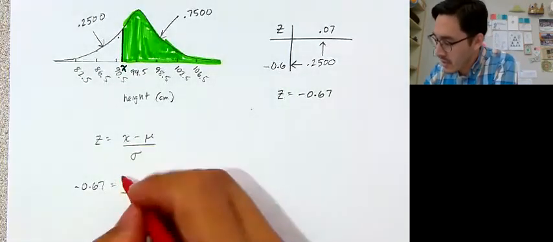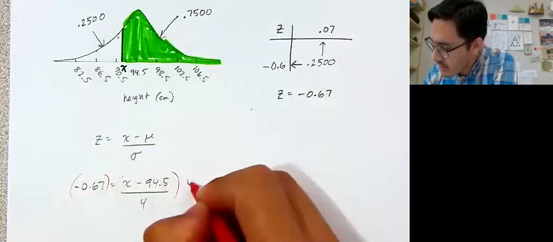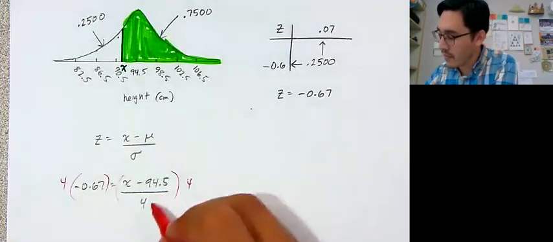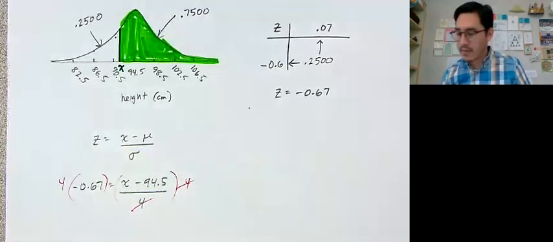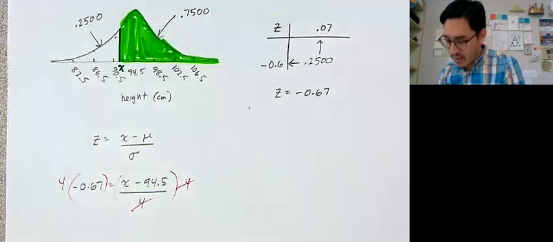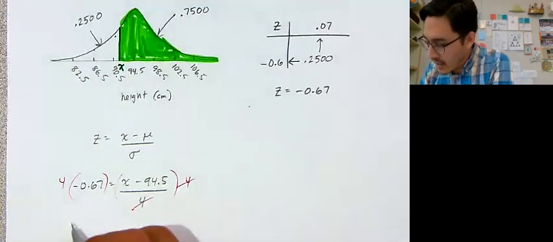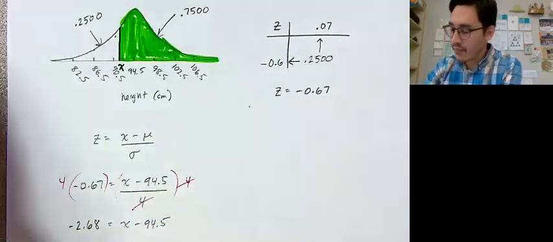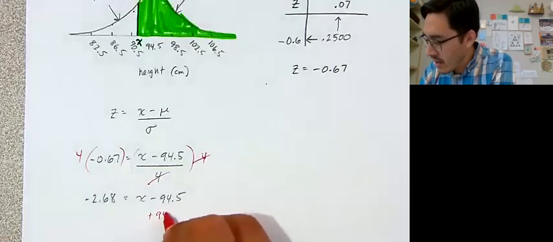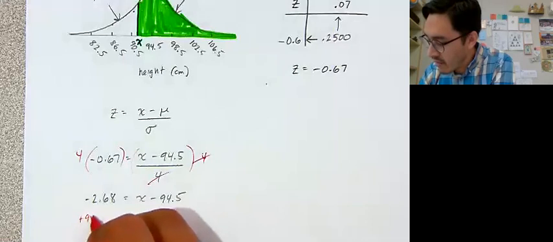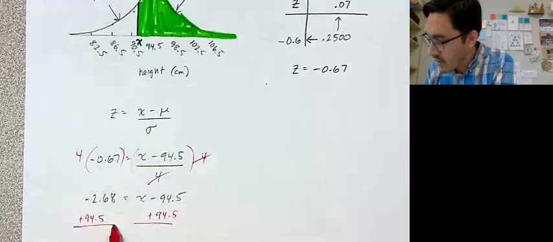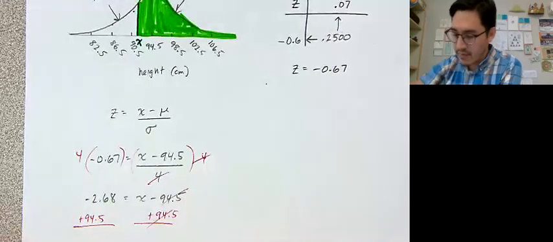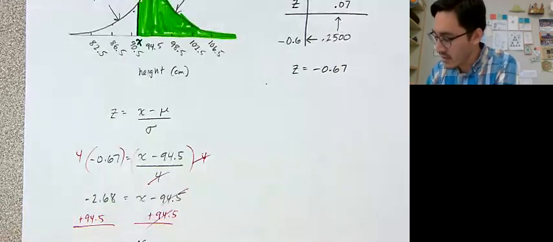All right, so just using algebra, I'm going to multiply both sides by 4. And so that's going to give me negative 2.68 equals x minus 94.5. And then we can add 94.5 to both sides now, and then we isolate x.